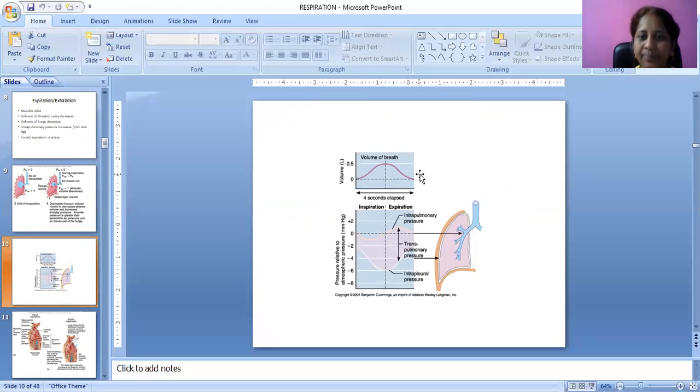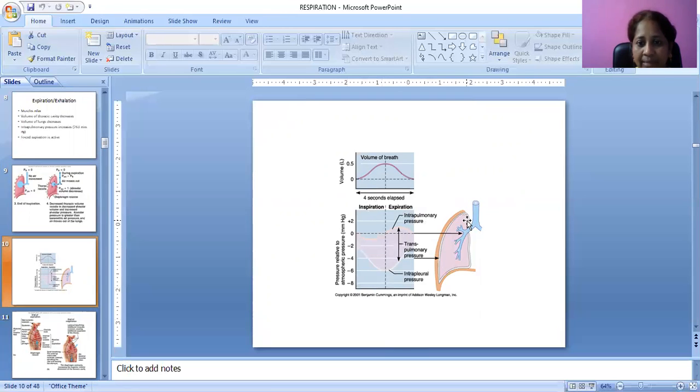In this diagram, again, the volume of breath, 4 seconds time. Here, atmospheric pressure, how it happens, inspiration or inhalation and exhalation.